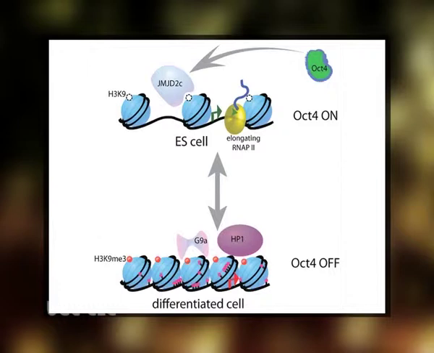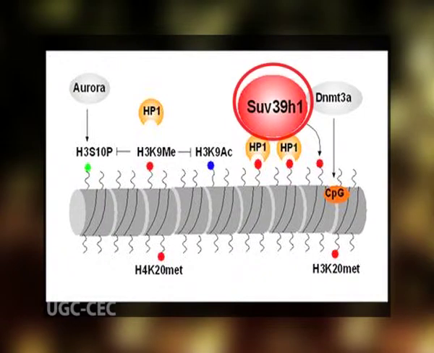Histone deacetylation is accompanied by methylation of H3K9, which is catalyzed by an enzyme, a histone methyltransferase, that appears to be dedicated to this and only this particular function. This enzyme, called SUV39H1 in humans, can be found localized within heterochromatin, where it may stabilize the heterochromatic nature of the region through its methylation activity.